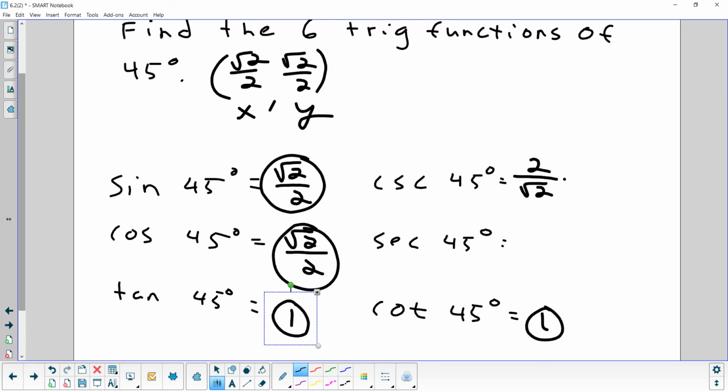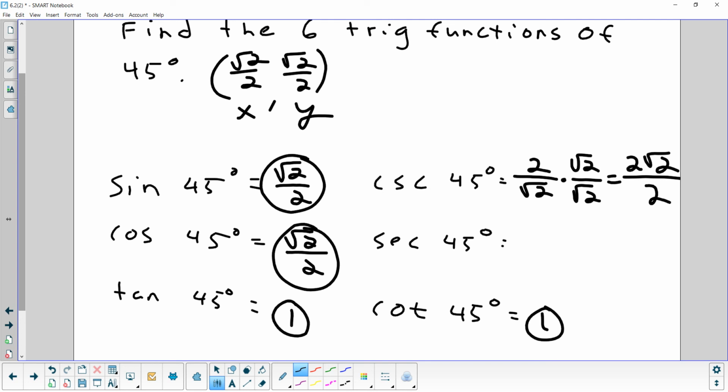So what do I multiply by to fix having the square root in the bottom? Yeah, the square root of 2 over the square root of 2. That's going to give me 2 times the square root of 2 in the top. And Tyler, what does that give me in the bottom? 2.